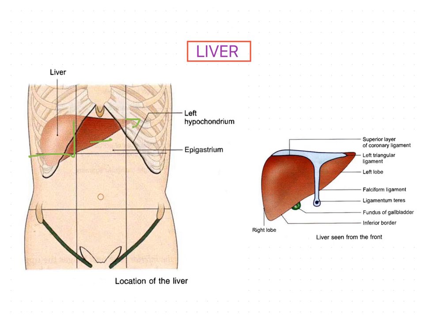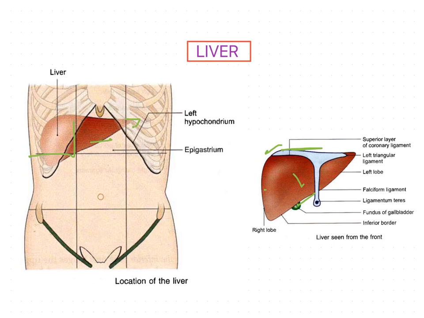If you see the shape, it is wedge shaped. It has an apex, a base, a right lateral surface, anterior surface and posterior surface, and this one is the superior surface and then the inferior surface.